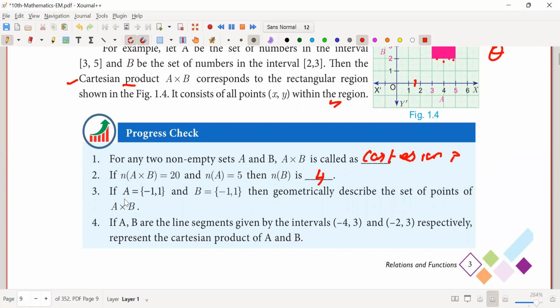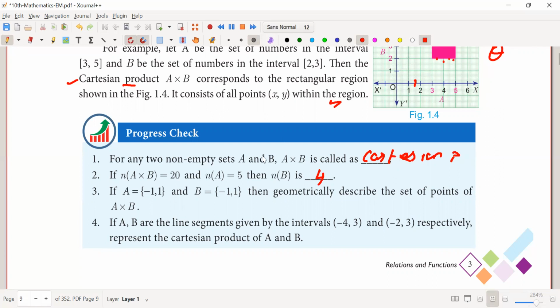4. If A is minus 1, 1 and B is minus 1, 1, then geometrically describe the set of points A cross B. What all points will we be getting?